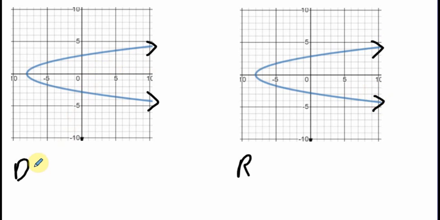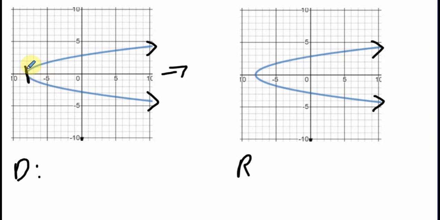All right, so domain, that is your x's, remember. So how far left to right? So make a mark here. That's the furthest leftmost point. And it keeps going to the right forever, so I can't make a mark there. So I've got to count, say -5, -6, -8.